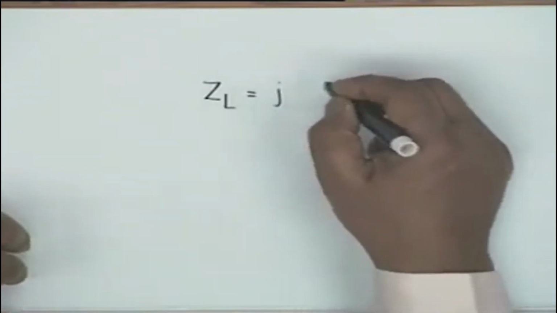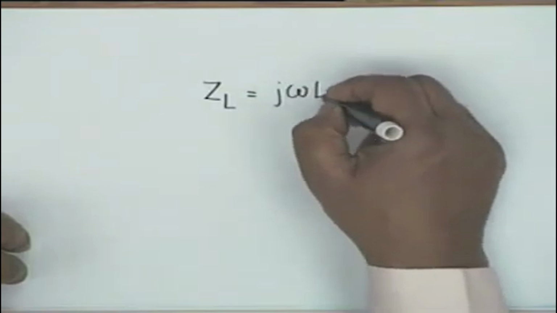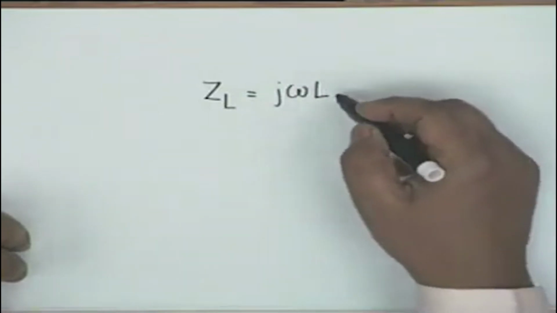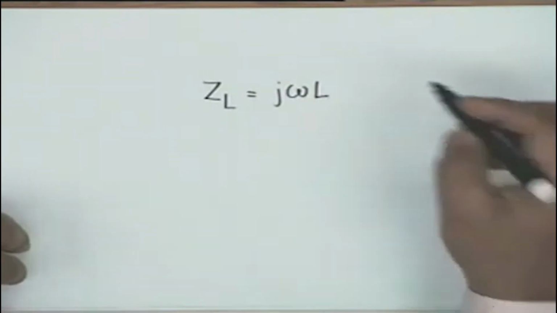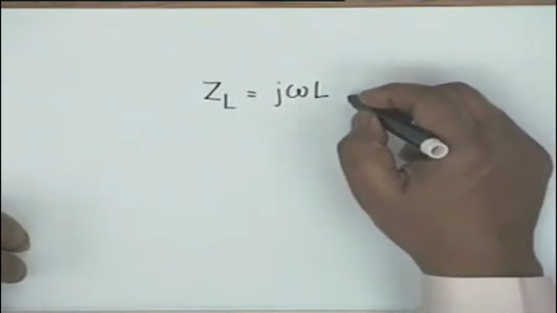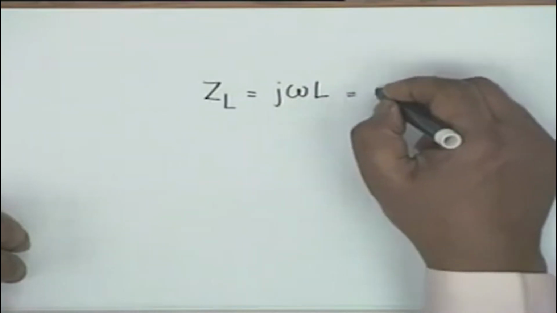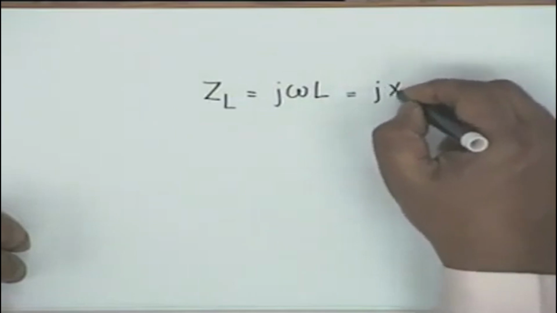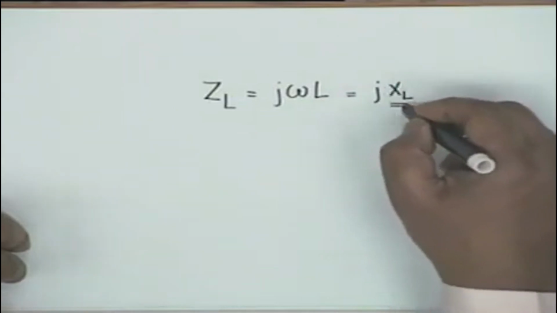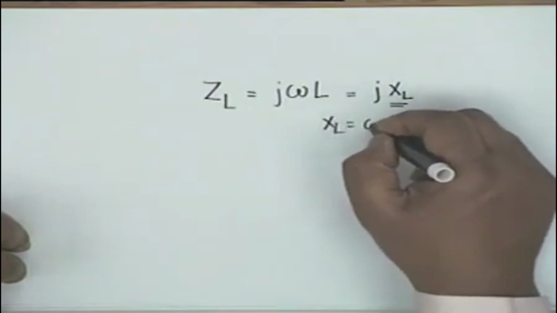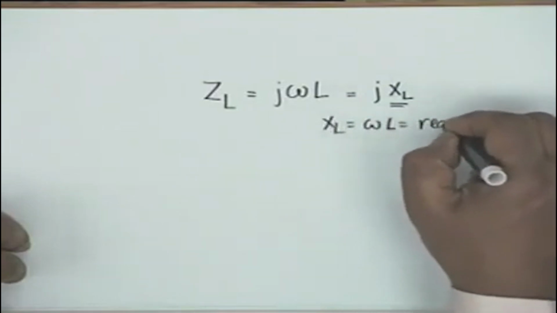If ZL is equal to j omega L, then this is known as reactance. That is, we write this as j XL, where XL is equal to omega L and is called the reactance of inductance L.